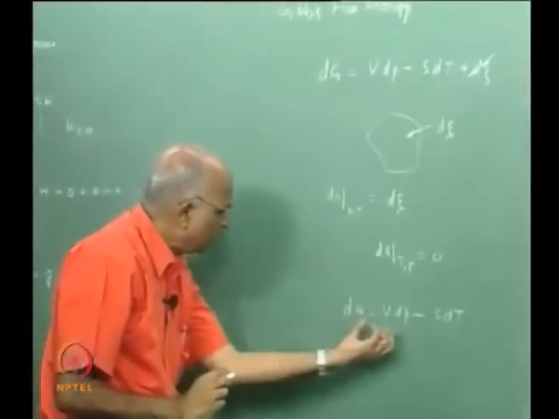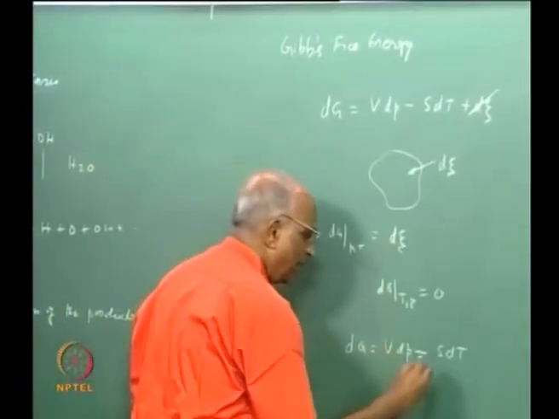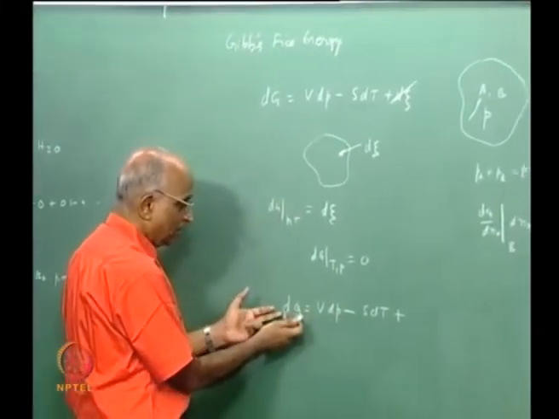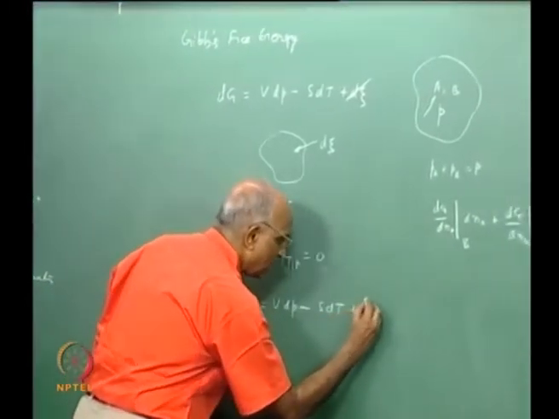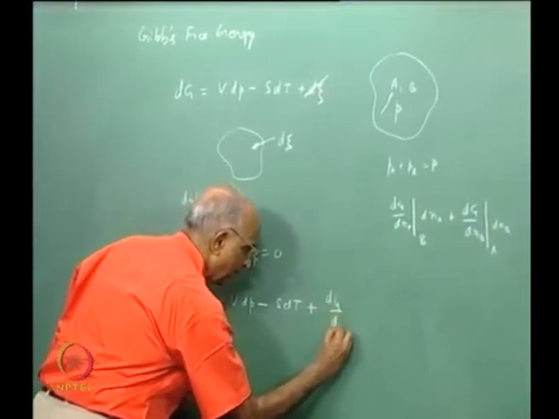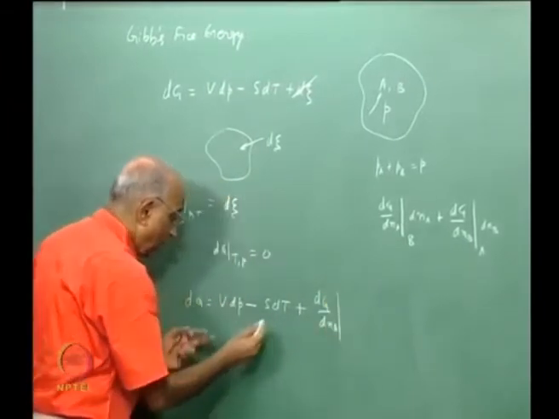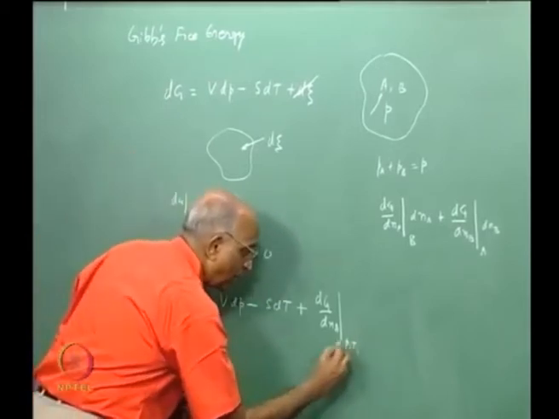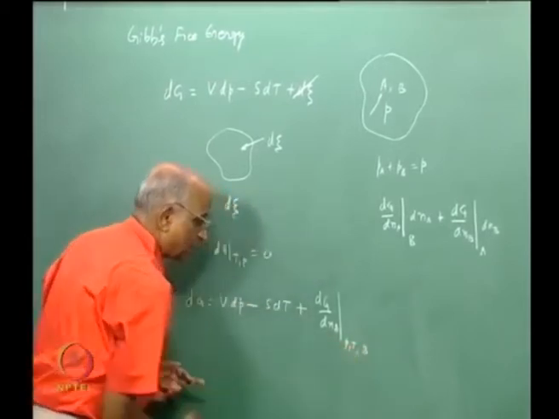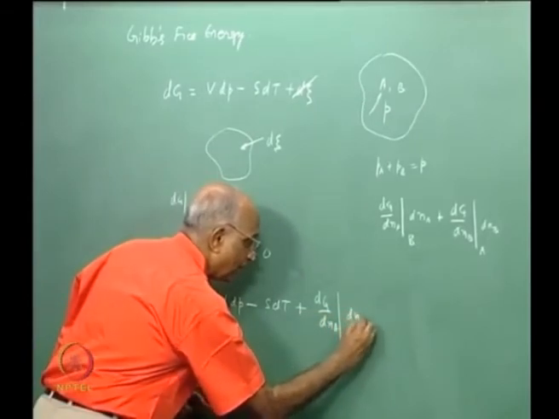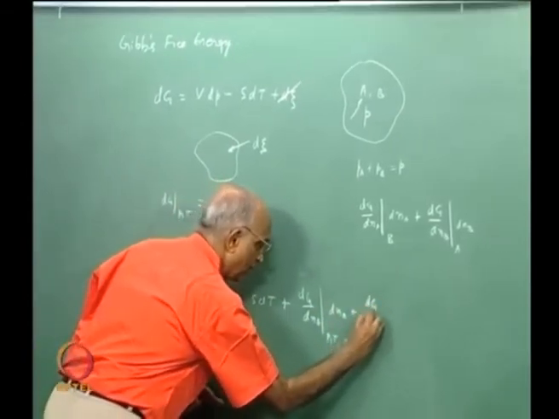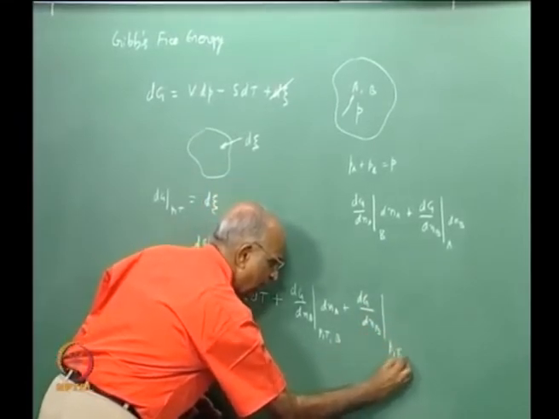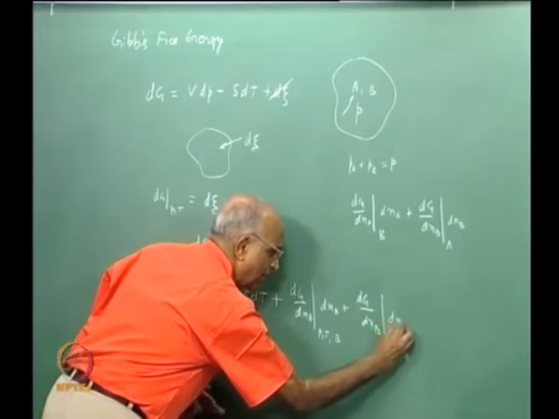In other words, for a multiple component system like I have A and B, in addition to changes in pressure and temperature which cause a change in the Gibbs free energy, now I also write plus dG by dNA, keeping pressure and temperature constant, and component B constant, into dNA, plus dG by dNB keeping pressure and temperature constant and keeping A constant into dNB.